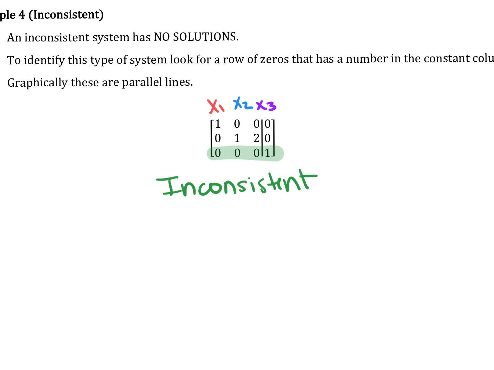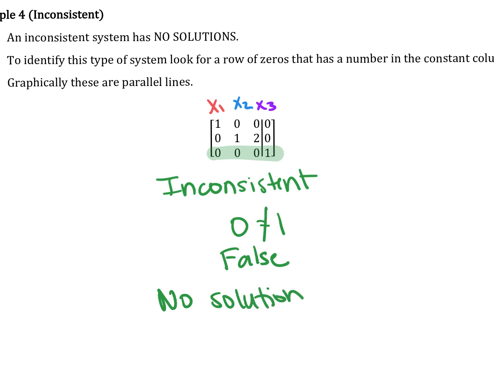There's not enough variables to solve for this to begin with. And we can't write the dummy variable because we have this number saying that 0 equals 1. Literally what you're saying here is that 0 is equal to 1. It's a false statement. And because this statement is false, we call this no solution. So anytime you see a row of zeros equal to a number in an augmented matrix like this, the answer is no solution.